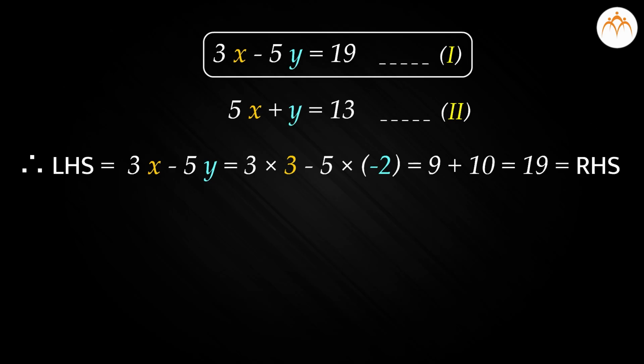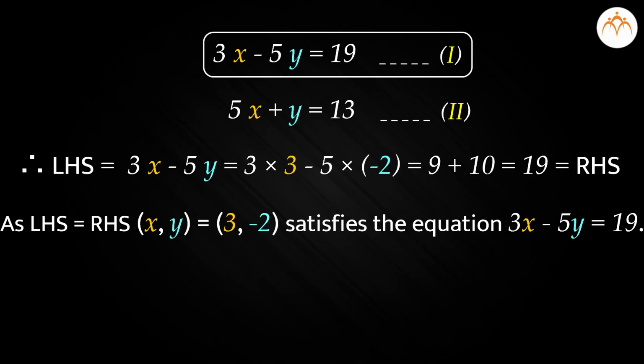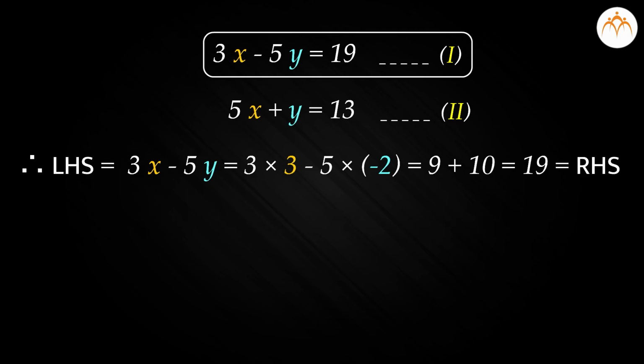Therefore, 3 multiplied by 3 minus 5 multiplied by minus 2 is equal to 9 plus 10 is equal to 19, which is the right hand side. As left hand side is equal to right hand side, x, y is 3, minus 2 satisfies the equation 3x minus 5y is equal to 19.